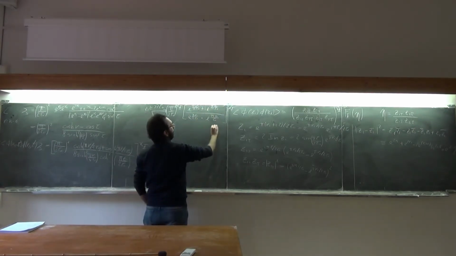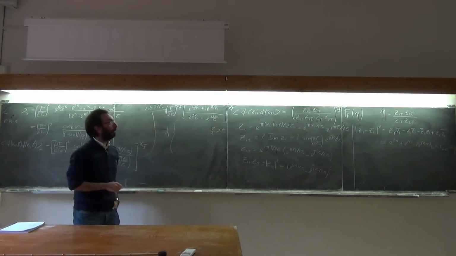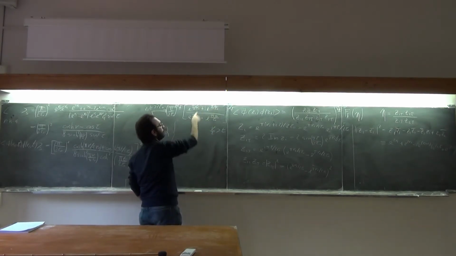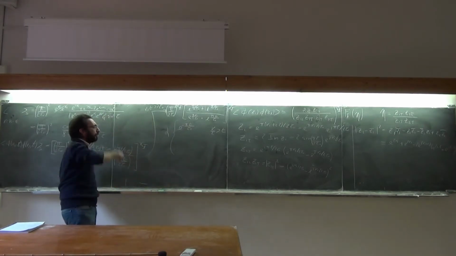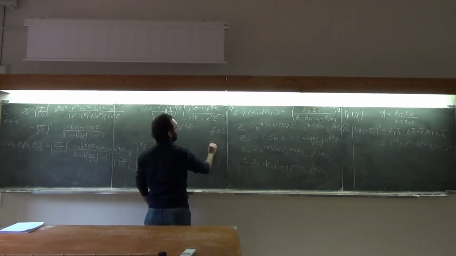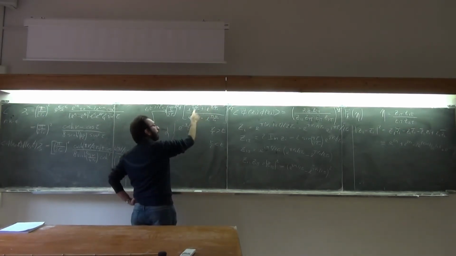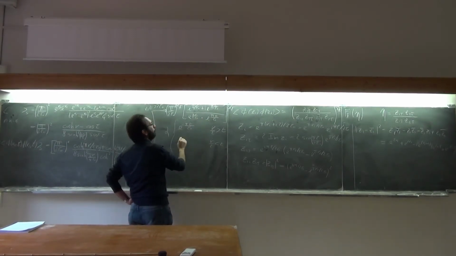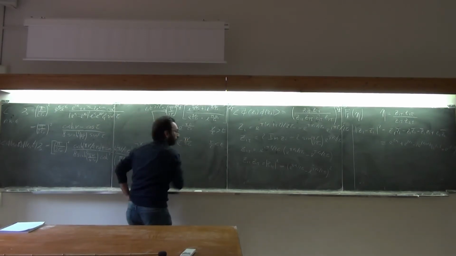So in the case r divided by 2 larger than t, this guy completely wins over this guy that we can ignore, and then in the ratio this and this go away, and we are just left with e to the minus pi t divided by tau naught. In the opposite case, r divided by 2 is smaller than t. This is much larger than this. This cancels with this, and we are just left with e to the minus pi r divided by q tau naught.